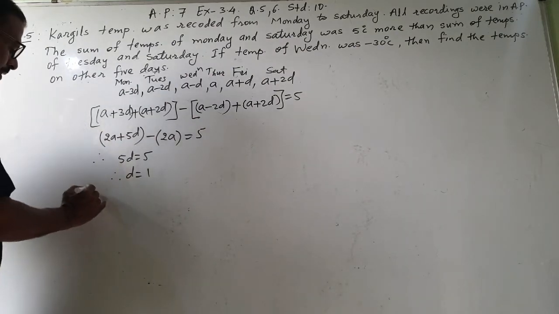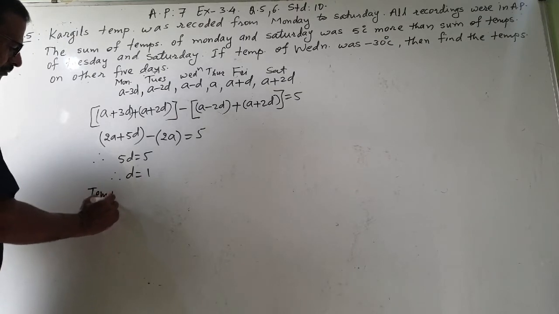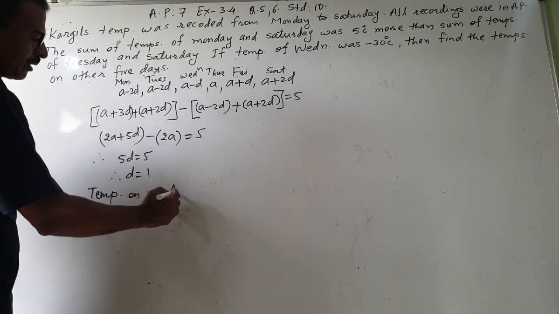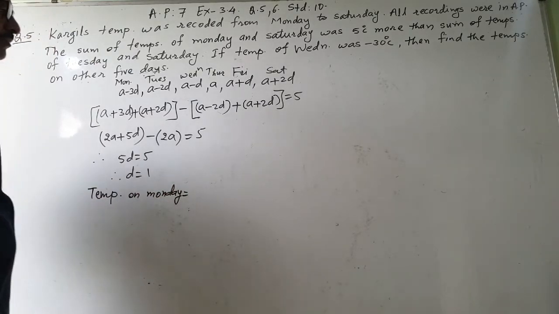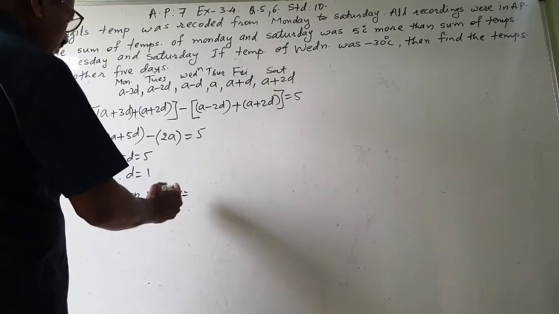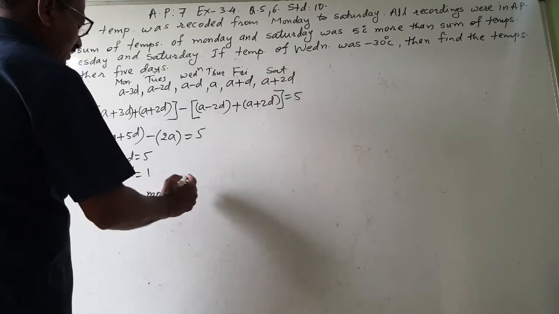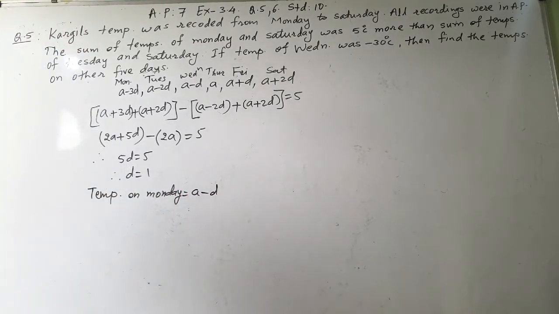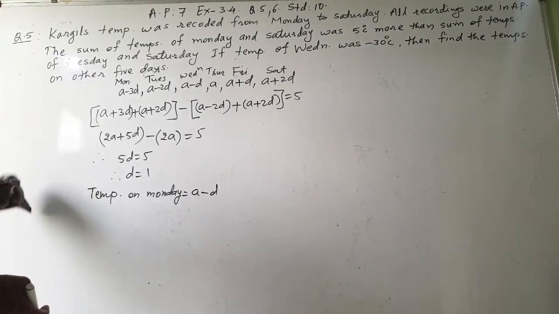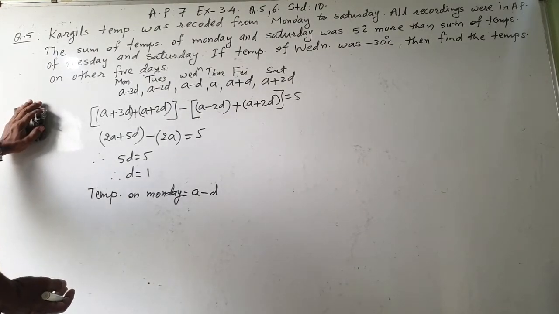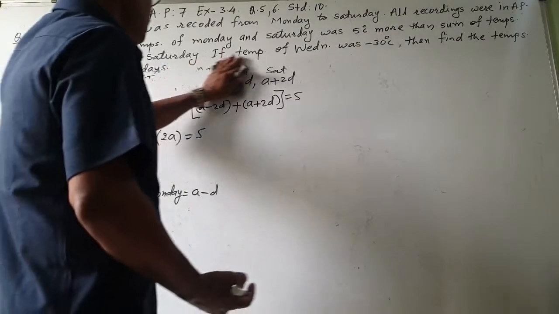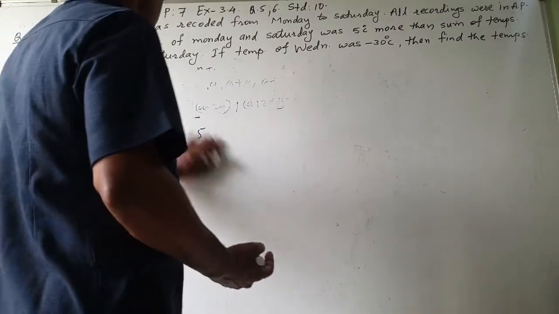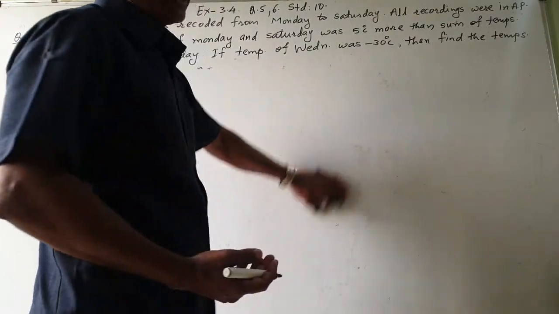So, temperature on Monday is equal to A minus D. And put the value of A. So this way you can have it. I have explained how you can solve it. The remaining part I will keep for you.